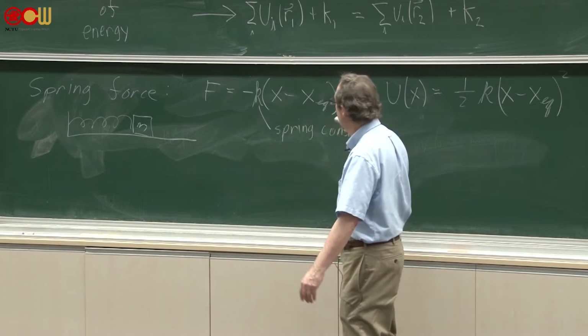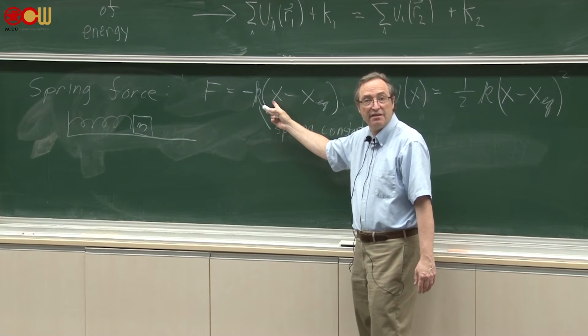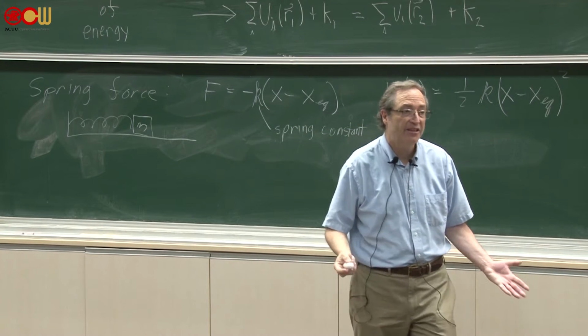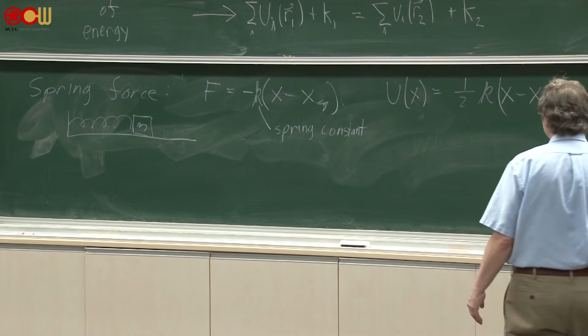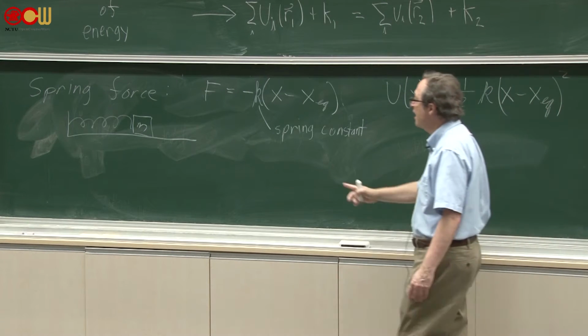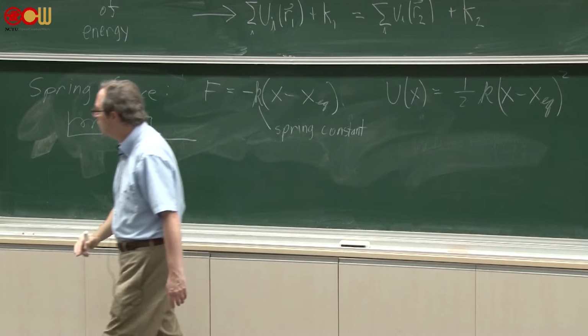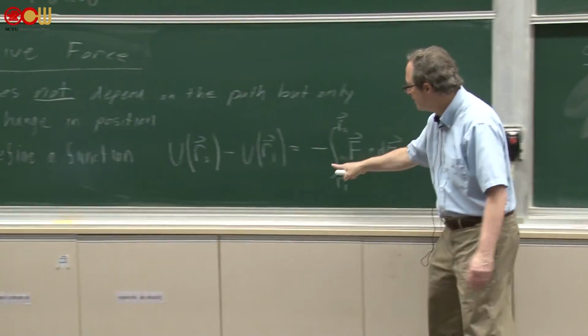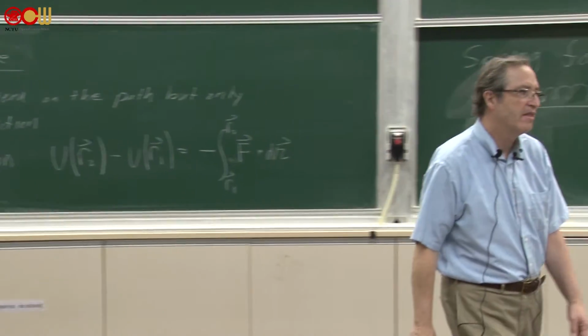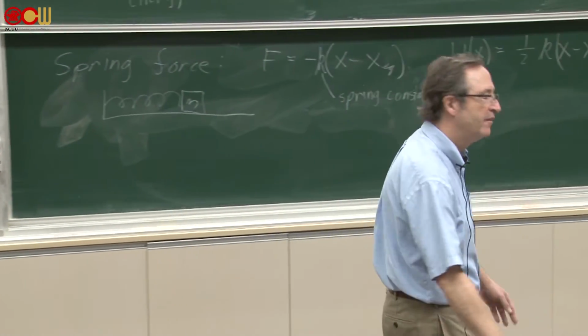How do I get this? I just integrate. And remember, the integral of x is x squared over 2. So I have x squared over 2. The minus sign goes away because the potential energy is defined as minus the integral. So that's why there's no minus sign in there.